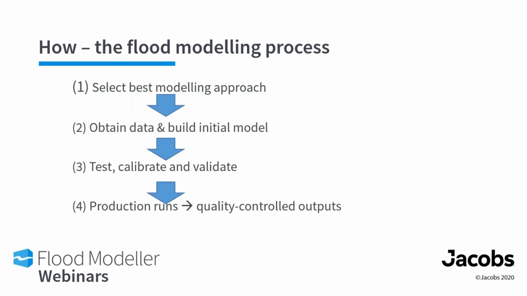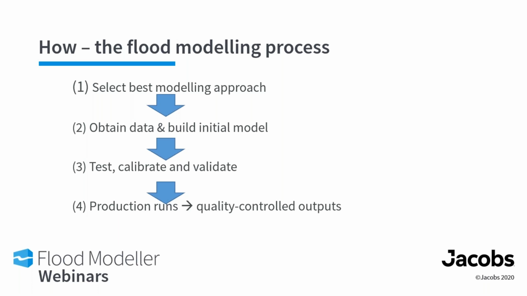Then it's to make sure you've got all the data that is necessary, and you start building up your initial model. Once you've built up your base model, you then need to do some testing on it, check that it's running properly, to calibrate it, to try to make it closer to observational data, and then validate it, which is to prove that for other events, it can still adequately simulate reality.